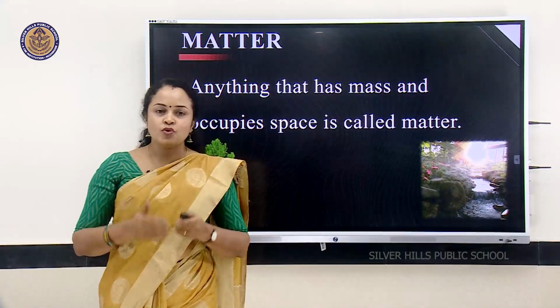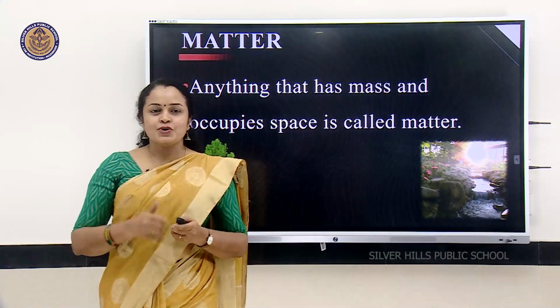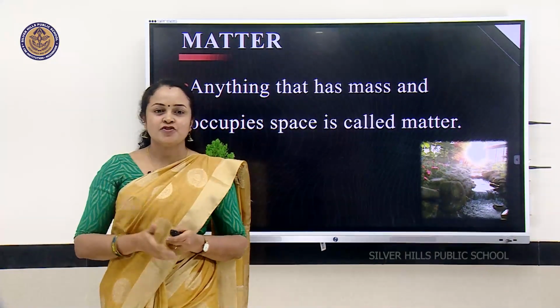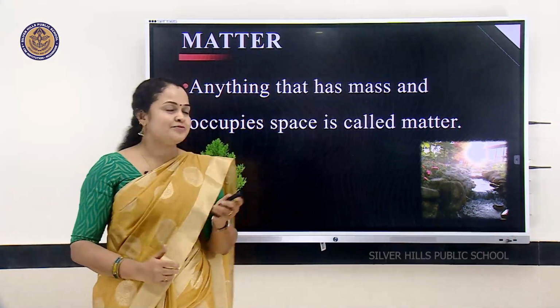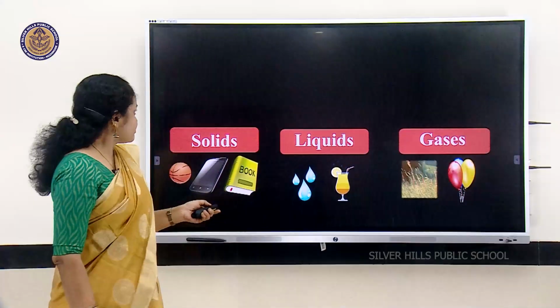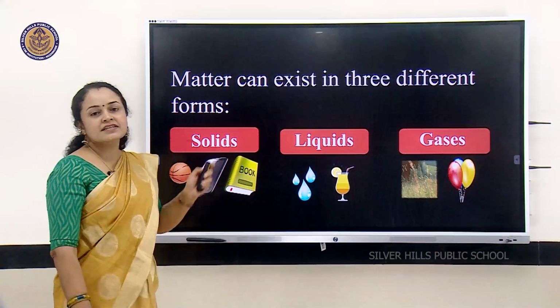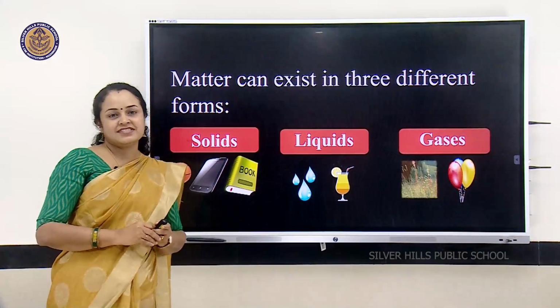Now, as you know what matter is, it is easy for you to understand the different states of matter. Let us see what the different states of matter are. Matter can exist in three different states.